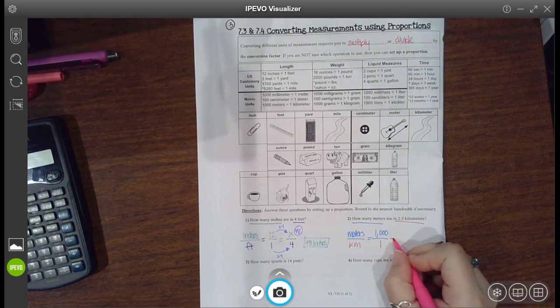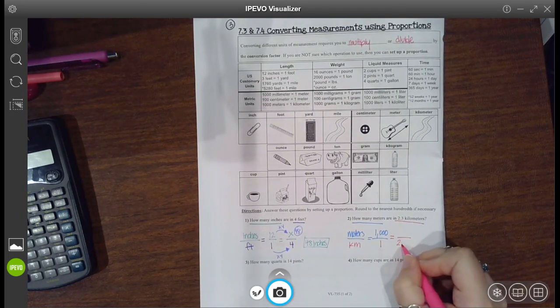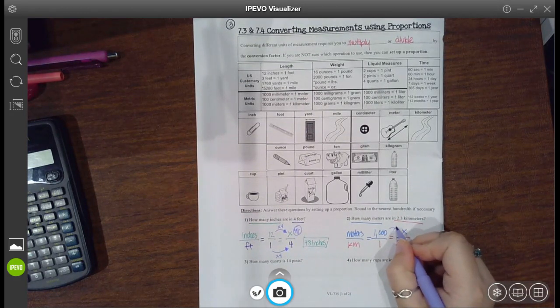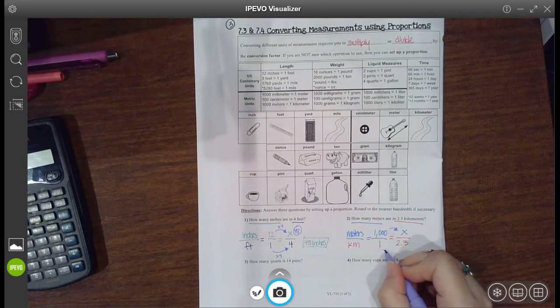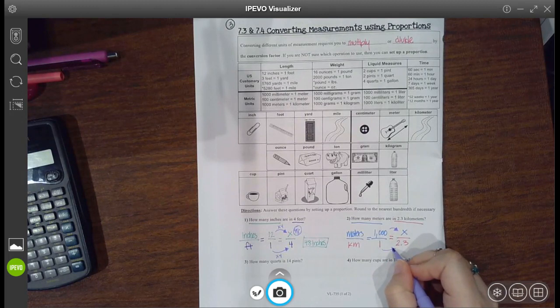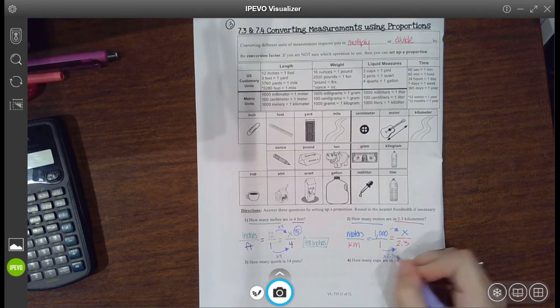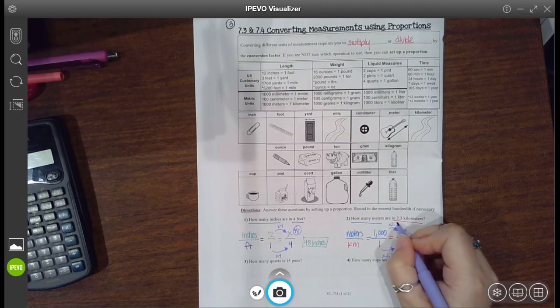And then they want to know, okay, so if you have 2.3 kilometers, then how many meters is that? Well, again, always go towards the direction of your unknown. So you did 1 times what to give you 2.3? You did times 2.3. So do times 2.3 here.